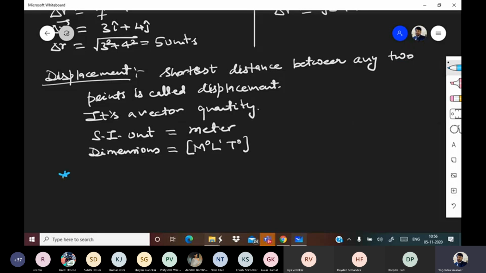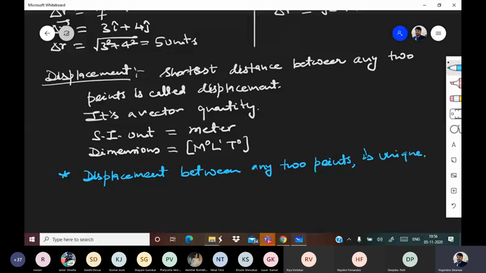Displacement between any 2 points is unique.